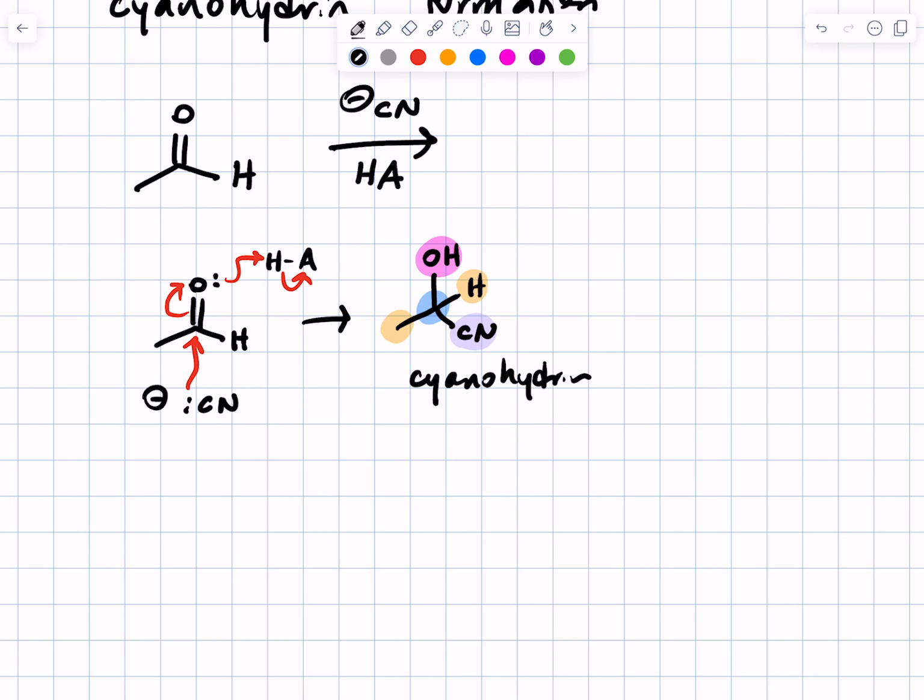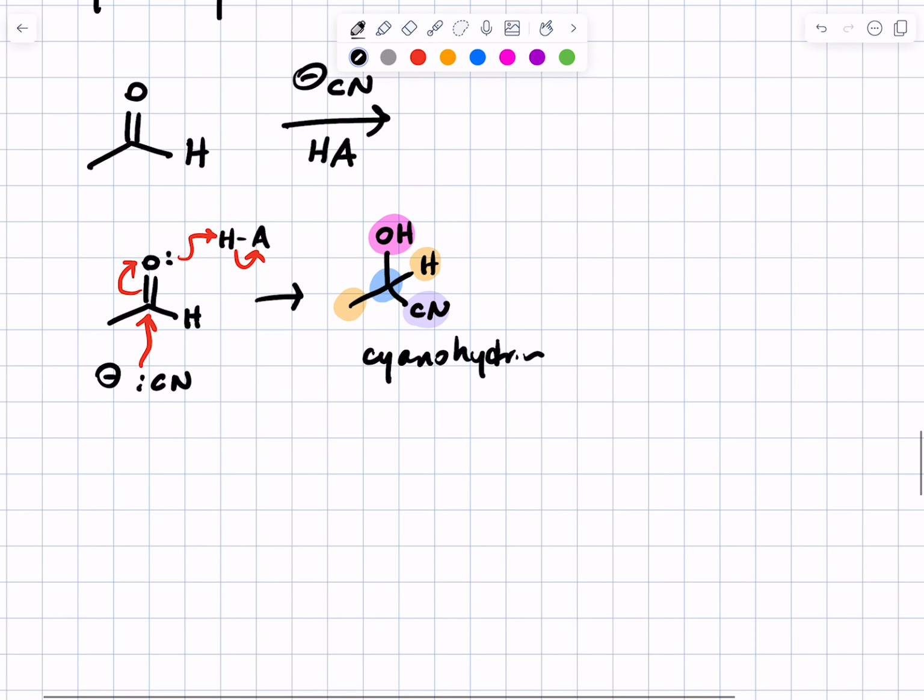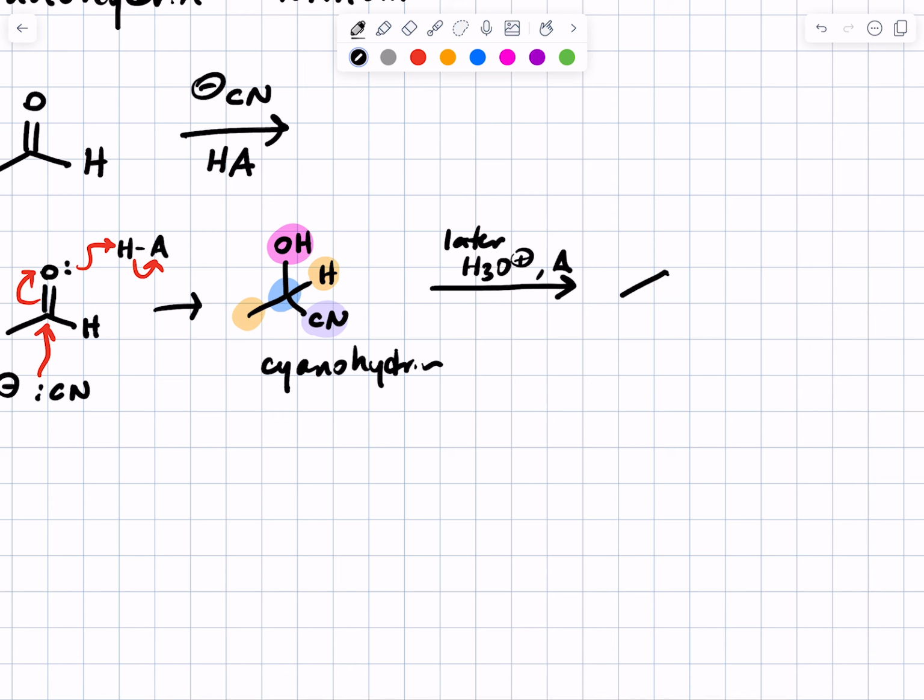Cyanohydrins, that's a fairly simple reaction, but the reason your text introduces them here is later in chapter 16, we're going to learn that if you use acid and heat, you can actually hydrolyze that cyano group into a carboxylic acid, and this is an alpha hydroxy acid, which is a useful synthetic intermediate.